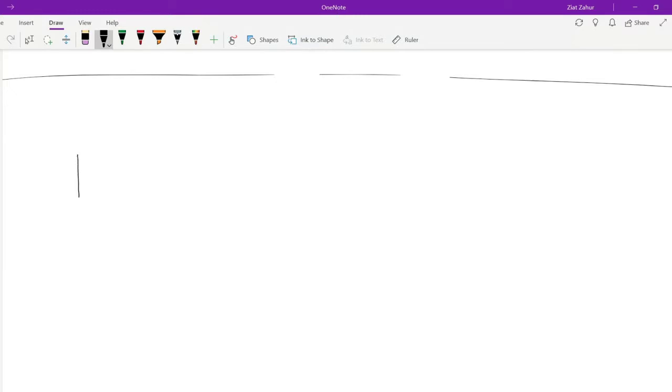So we have five resistors in the form of a diamond here.